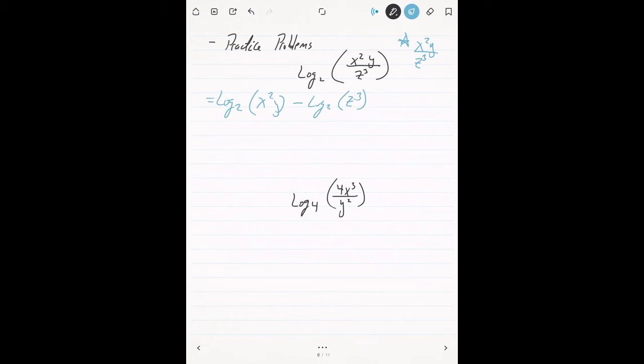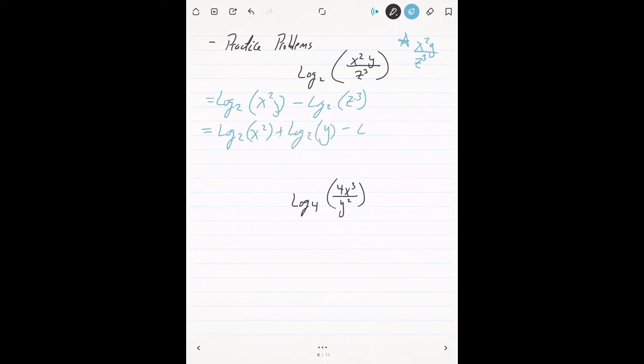Now I can get at each individual variable. What I'm seeing right here for the first one is that I have an x squared times a y. That's a product. So let me separate each variable here using addition. I can say this is log base 2 of x squared plus log base 2 of y.